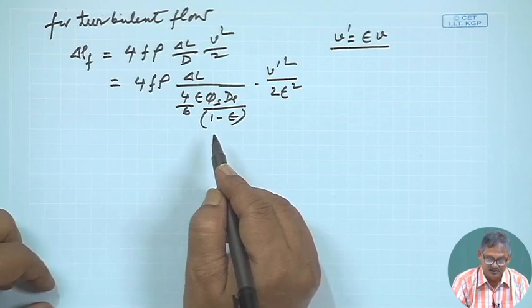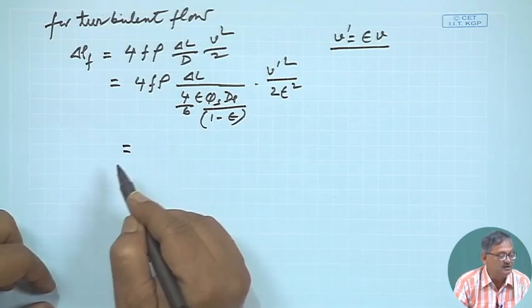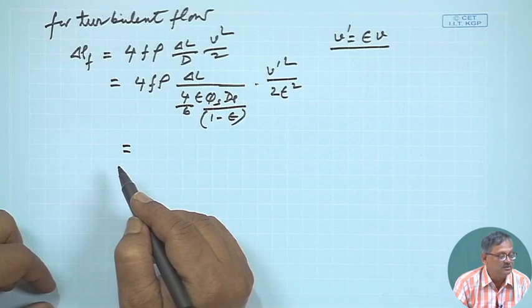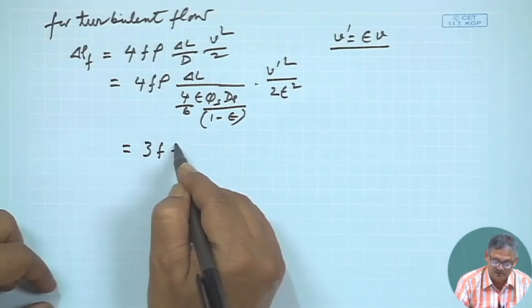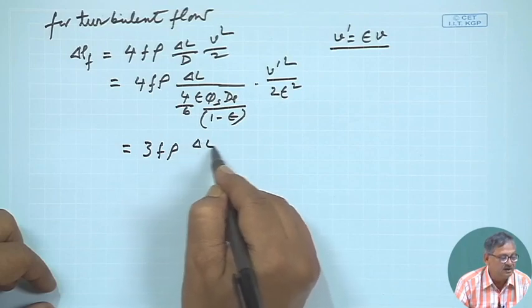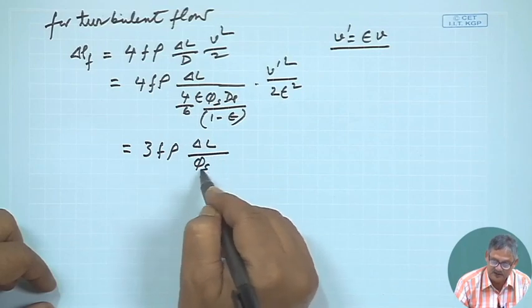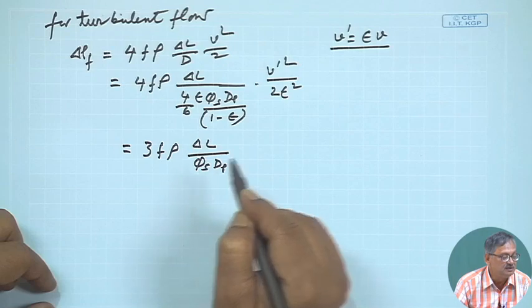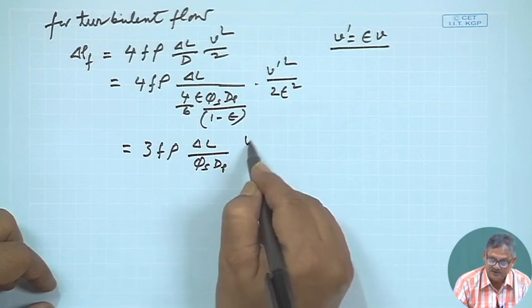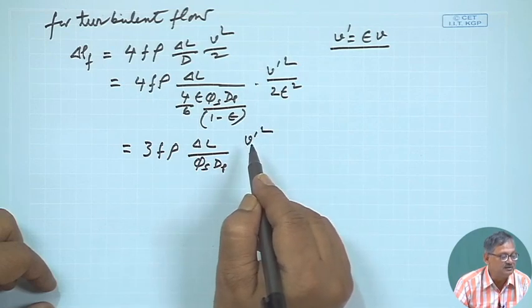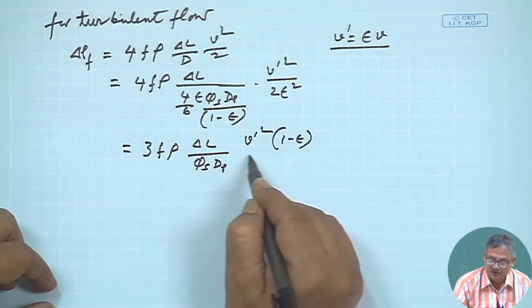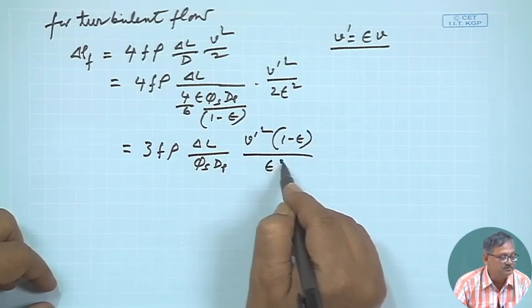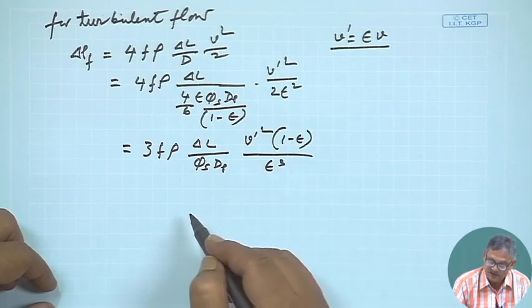This we can rearrange, rewrite as equal to 3 f rho delta L by phi s dp times v prime square times 1 minus epsilon over epsilon cube, right.